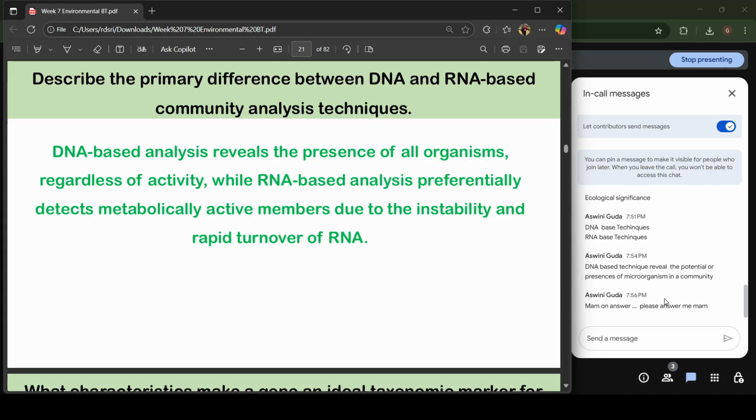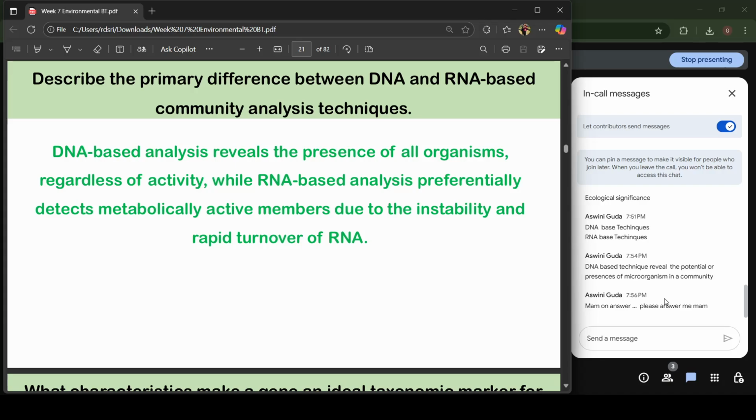So the primary difference is that whenever we go for a DNA-based analysis, we can reveal the presence of all the organisms in that community, regardless of their activity, which means regardless of whether they are very active or have very little participation. Regardless of all these factors, DNA based analysis reveals the presence of all the organisms.